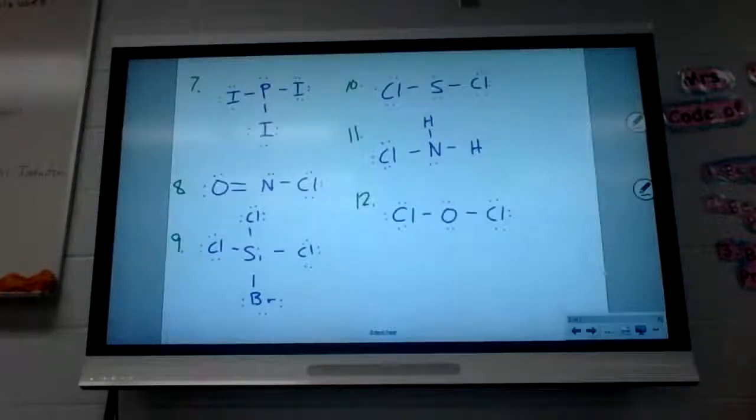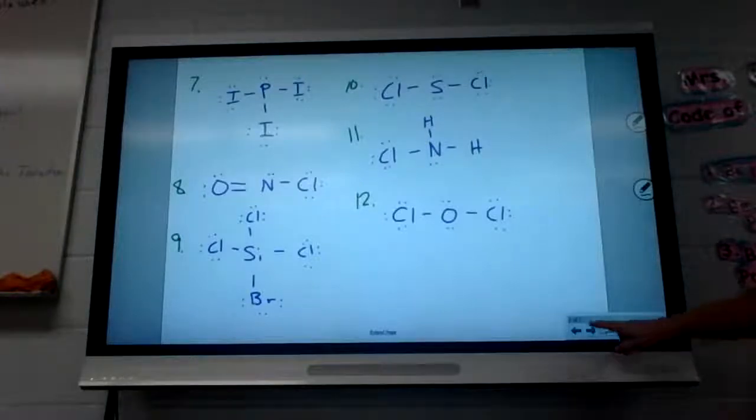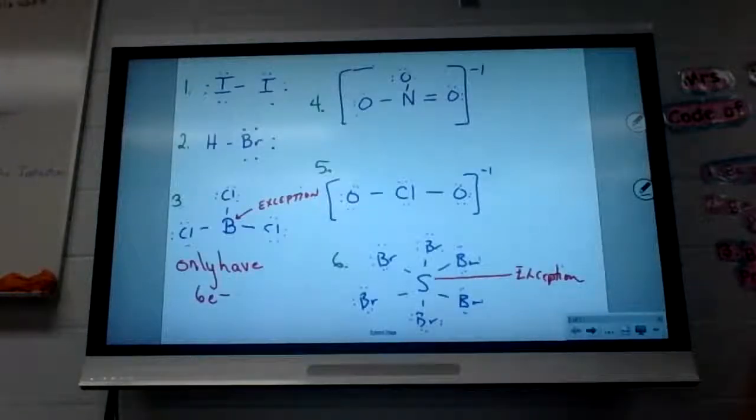All right, we ready? Yes. All right, so if we look at number 1, what do we do? I just thought they were both the same. That's nonpolar. It is nonpolar because if they're both the same and you subtract, that one's what, 2.5 and 2.5? So you get 0. So nonpolar.